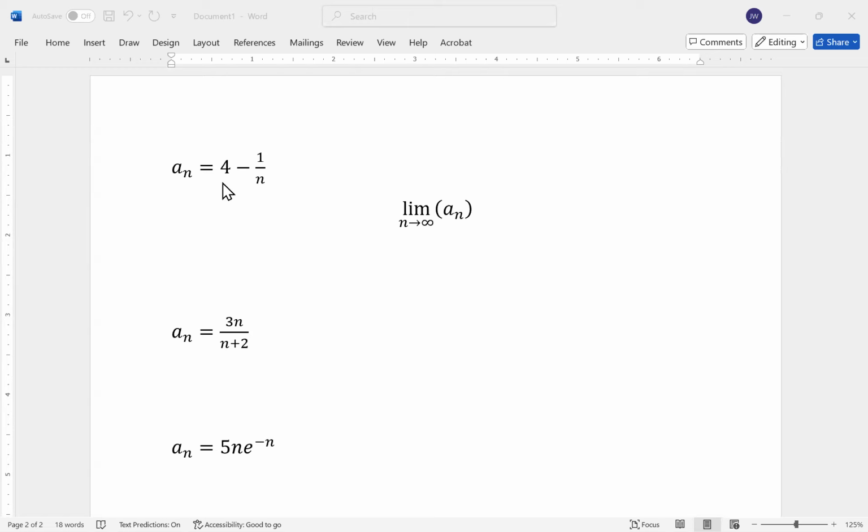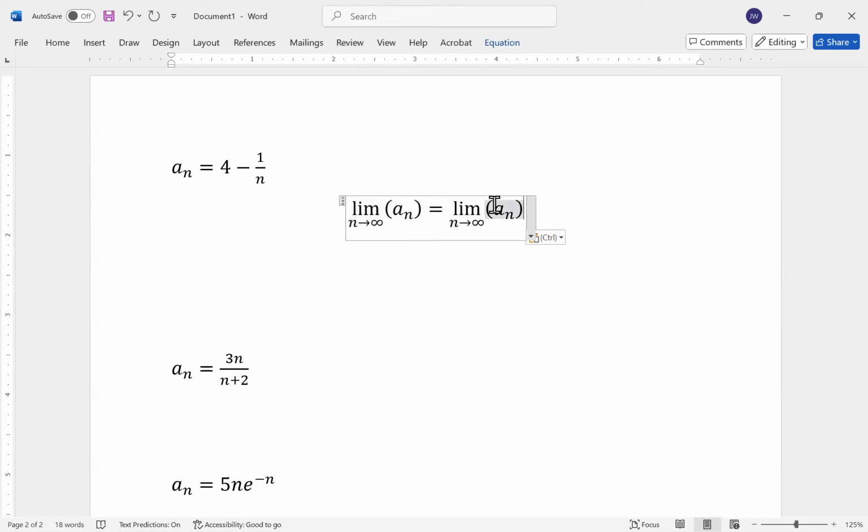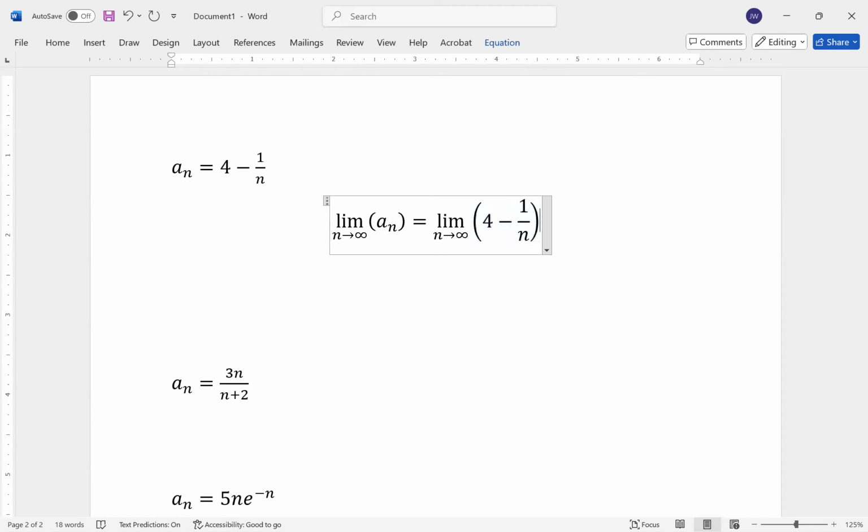So I want to find the limit of 4 minus 1 over n. The limit of that sequence is going to be the limit of 4 minus 1 over n. Now, one of my rules of limits from previous material says that if the limit of 4 exists and the limit of 1 over n exists and both are real numbers, then I can find the limits separately.